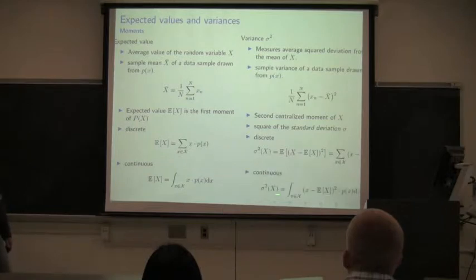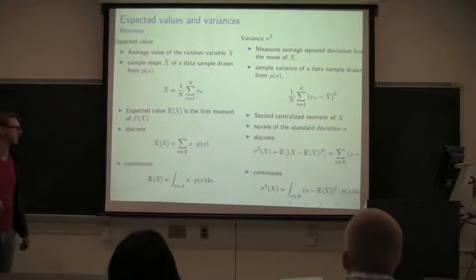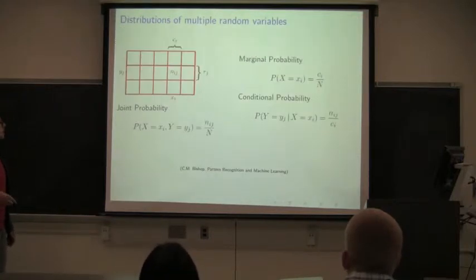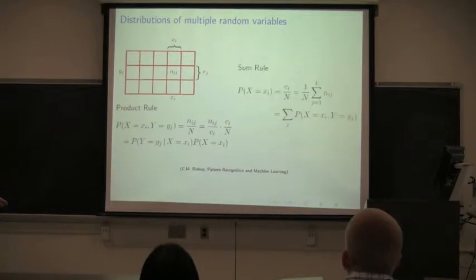In the continuous case, we again replace the sum by integration. Again, the sum rule and the product rule are very important. We can use them to manipulate probabilities.